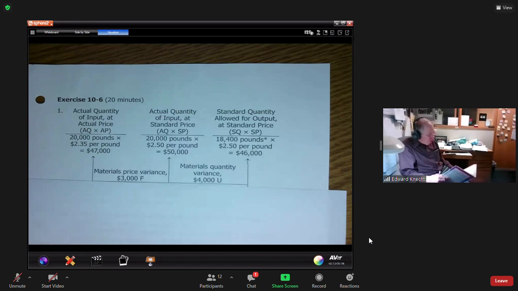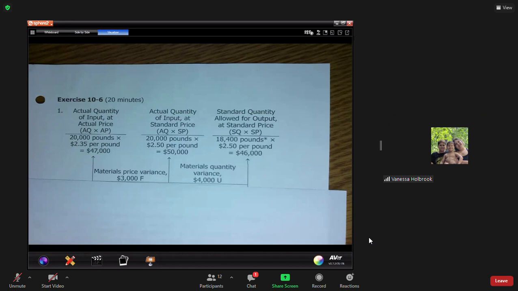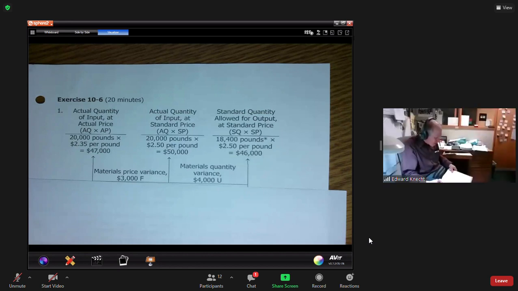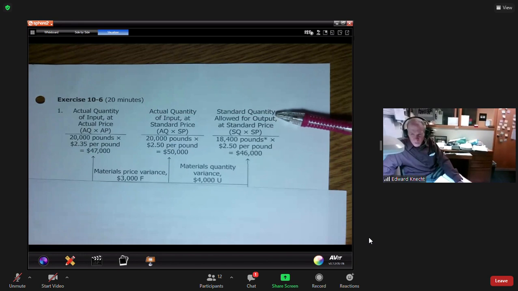18,400. Oh, so you have to calculate the standard pounds times the number of units. So that's what they mean right here. We better read this and understand it, because this is what students don't grasp. What's the standard quantity allowed for the actual output? The actual output was 4,000 units of Zoom.